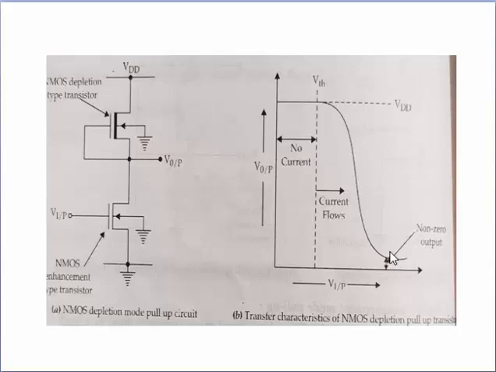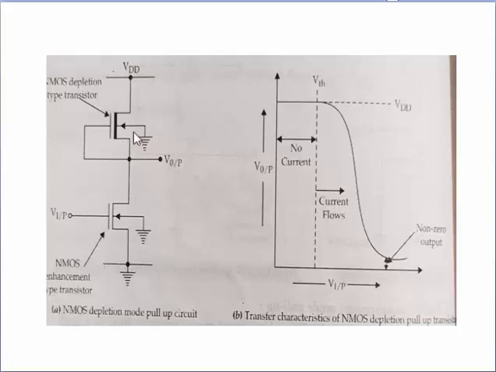When switching the output from 1 to 0, the pull-up device is non-saturated initially, and this presents lower resistance through which to charge capacitive loads. So the pull-up network is always in the non-saturated region.